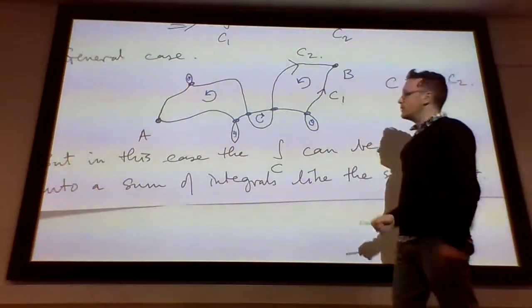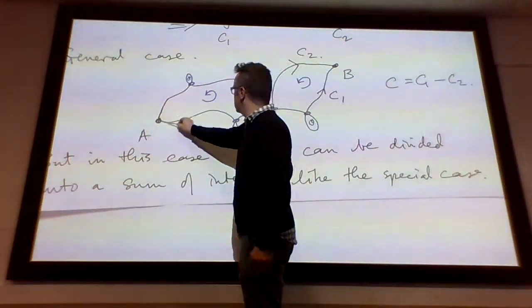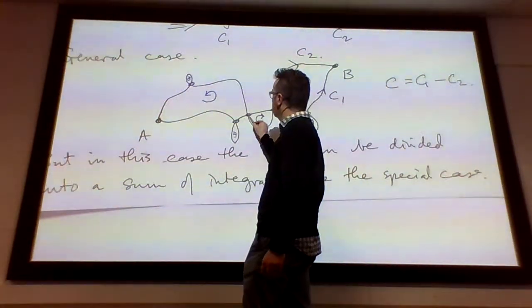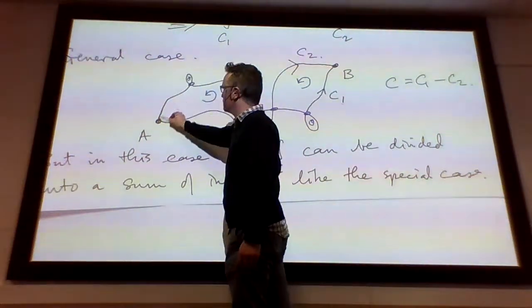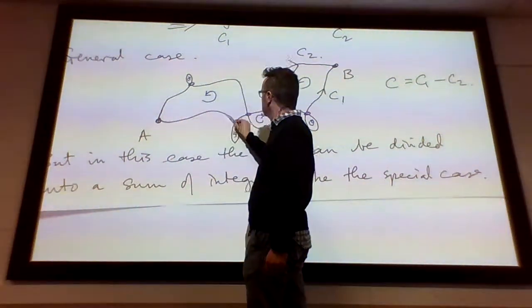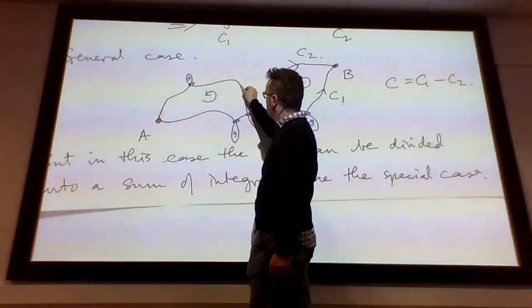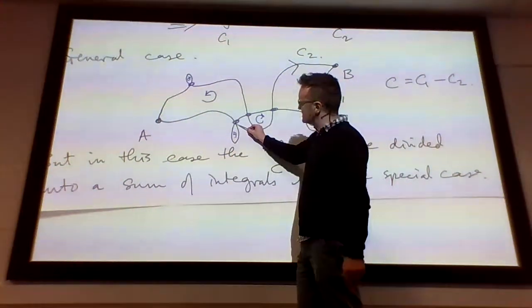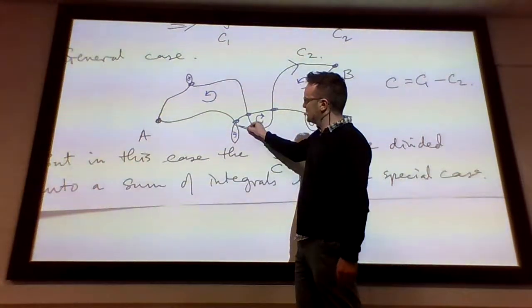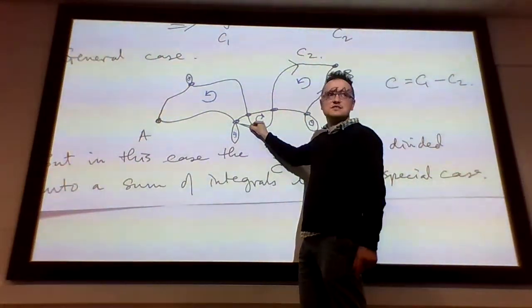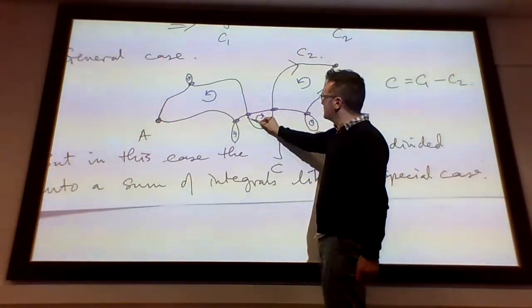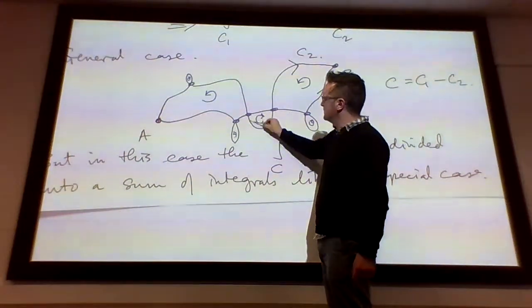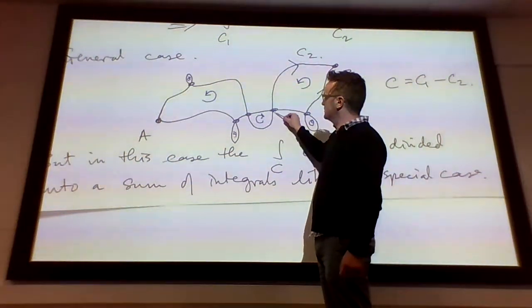But that can be split up into, well, a bit of it is just doing this integral here, which is a simple closed curve. I just go on and I avoid any things like that. But then we missed out this bit, so we'll have to have this bit as its own little integral. But that on its own is a simple closed curve. This bit on its own going this way is a simple closed curve.